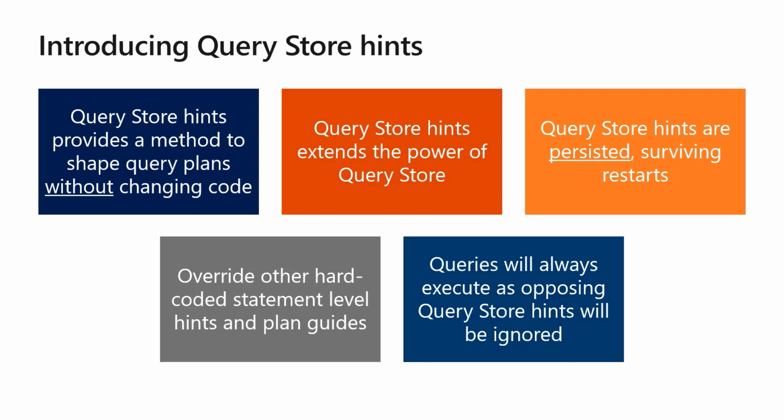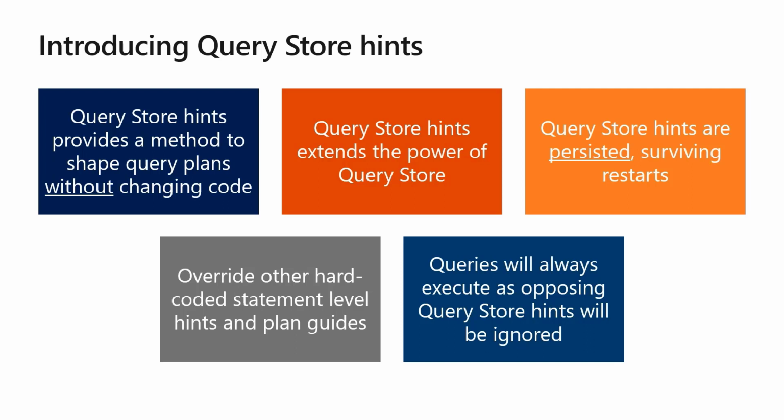Just like plan guides, Query Store hints are persisted and will survive restarts, but Query Store hints are much easier to use than plan guides. And Query Store hints will override other hard-coded statement level hints and plan guides. Queries will always execute, as opposing Query Store hints will be ignored.